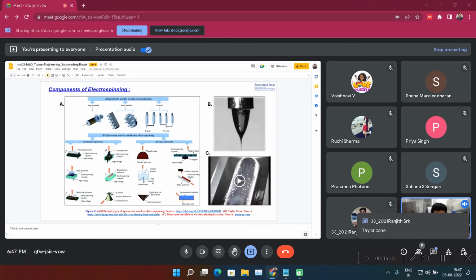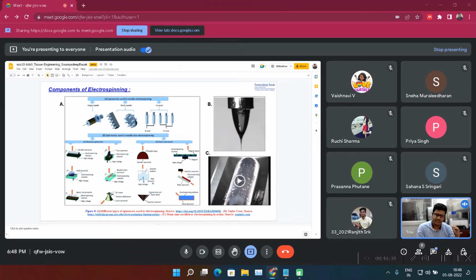So how does this cone look? This conical structure forms when there is a huge potential difference. It is in the kilovolts. Mind it, it's not like our wall plug of 220 volts, right? It is in the kilovolt range.